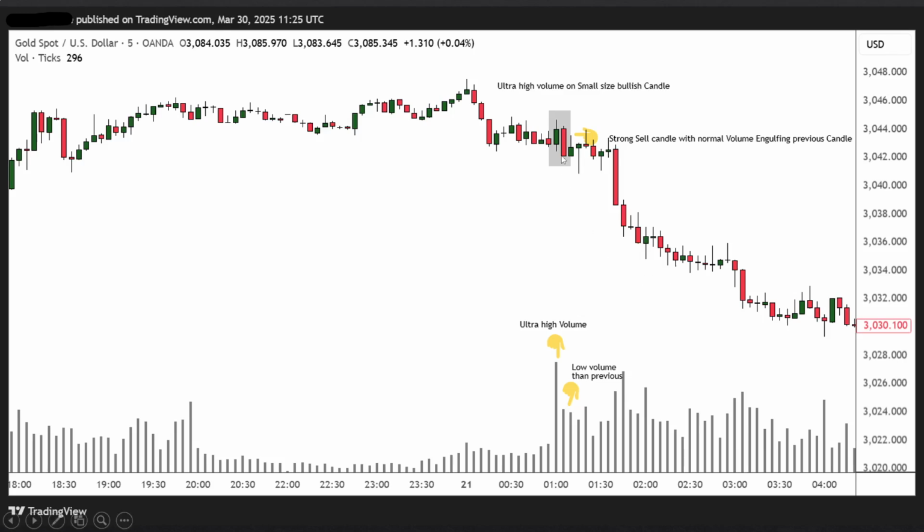Okay, basically what happened is that the market went up in this buy candle. There was an ultra high volume, meaning professional traders, institutional traders, market big operators, big money, big players, smart money was active at this buy candle. We have to wait to see the reaction to that bullish candle.